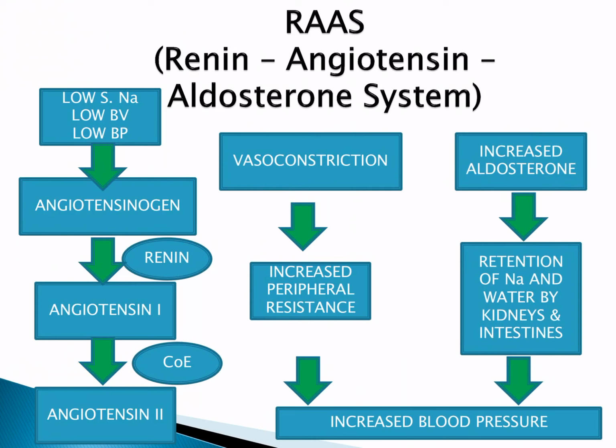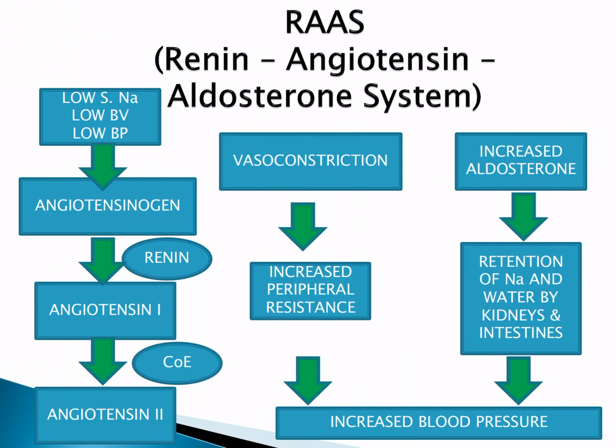So we have two functions there. It results in two actions: there is vasoconstriction and there is an increased aldosterone, due to the work of your angiotensin 2. If there is vasoconstriction, meaning the blood vessels constrict, the passageway of your blood vessels narrows.